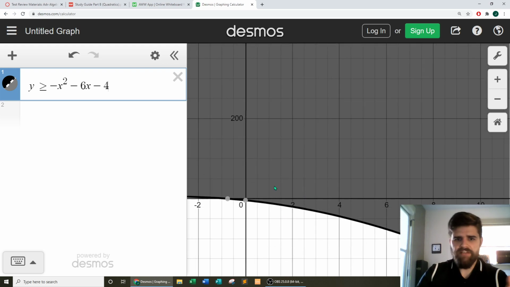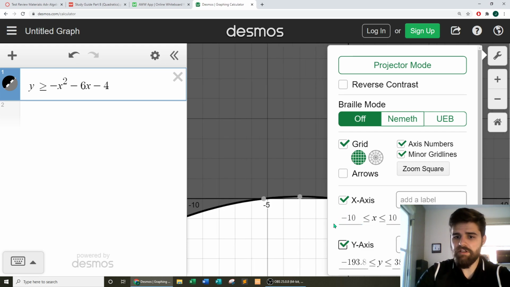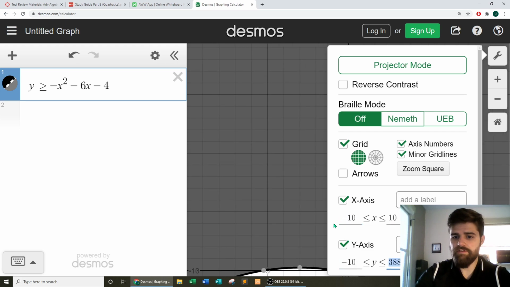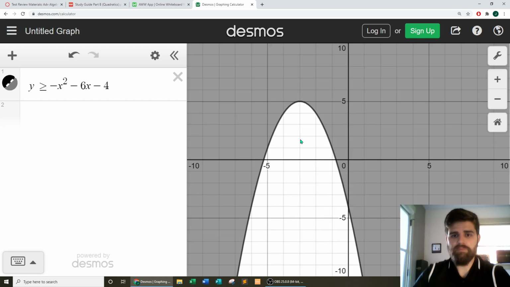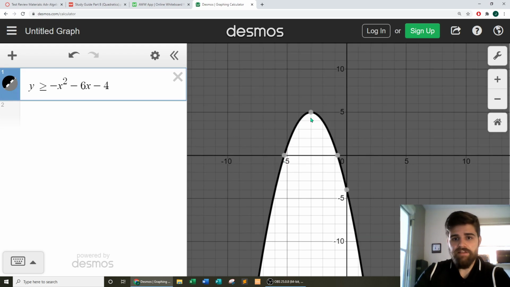Okay, notice my scale is really weird because I messed with it earlier for that other problem. So I'm going to fix that real quick. -10 to 10, both axes, back to normal. Okay, cool. So we see we've got our parabola, and the shading is on the outside. And notice here we have a solid line because it's greater than or equal to.